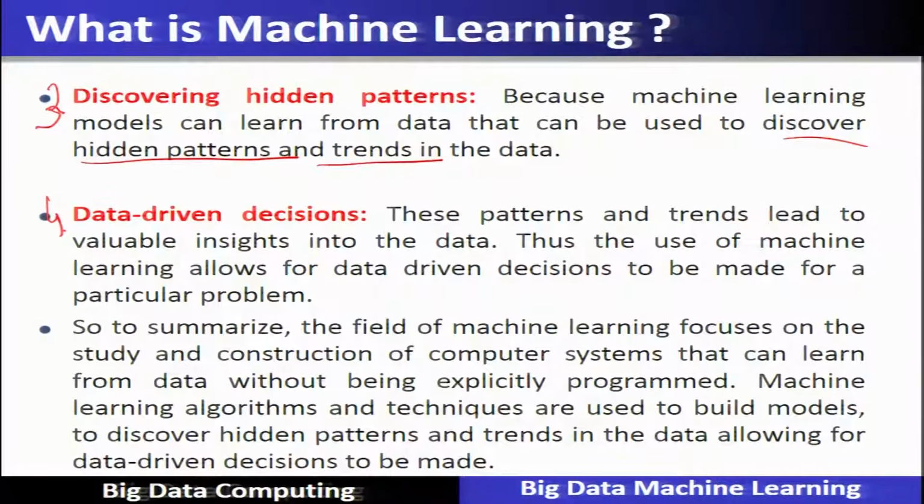To summarize, the field of machine learning focuses on the study and construction of computer systems that can learn from the data without being explicitly programmed. Machine learning algorithms and techniques are used to build models to discover hidden patterns and to identify trends in the data, allowing for data-driven decisions to be made.